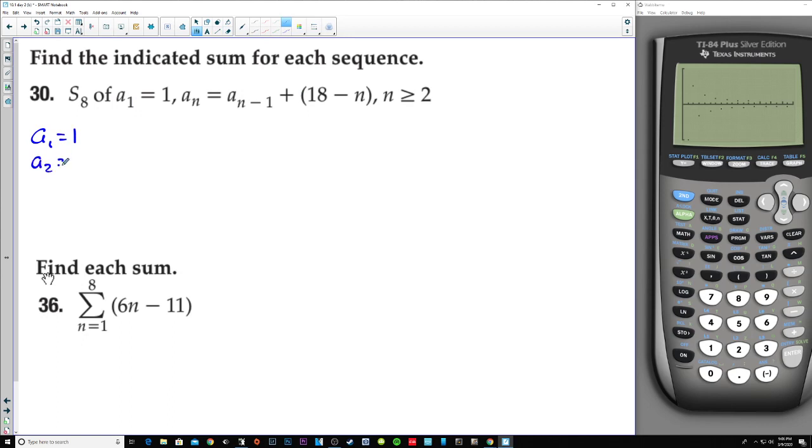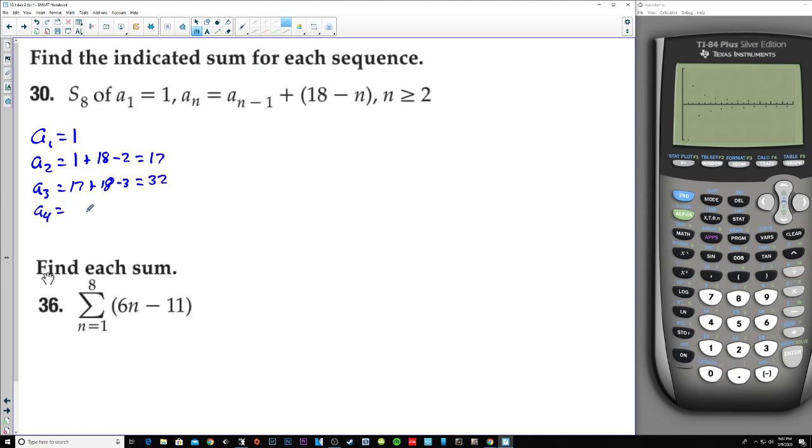So a sub 2 is, we take the previous one, which is 1, plus 18 minus 2. And that is equal to 1 plus 16, 17. So a sub 3 is 17 plus 18 minus 3. 17 plus 15 is 32, right?